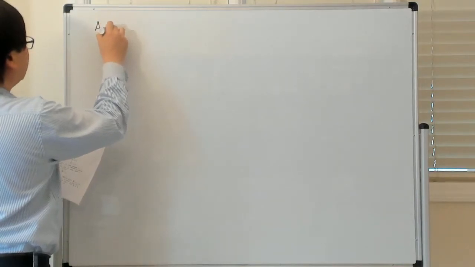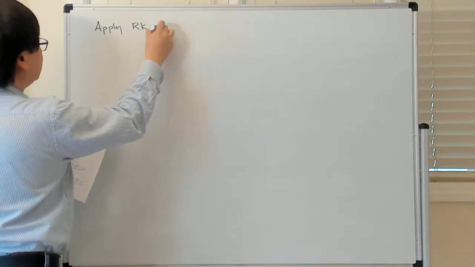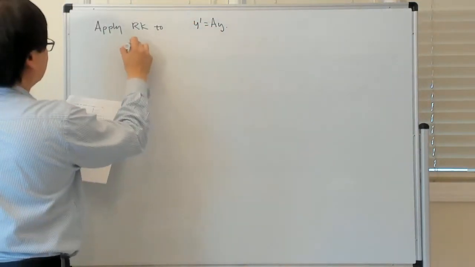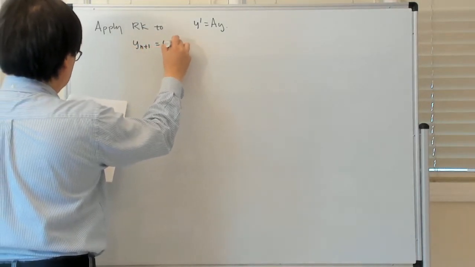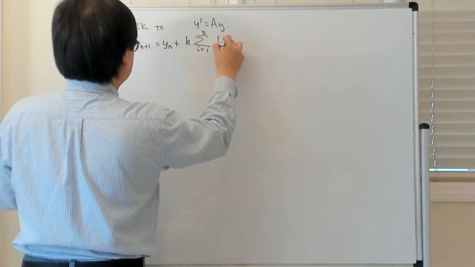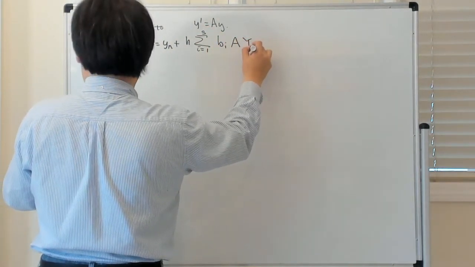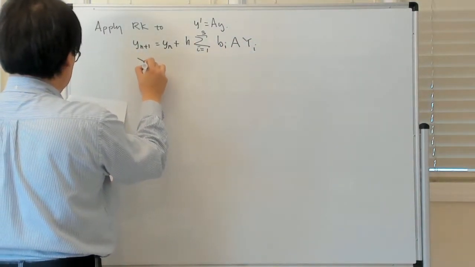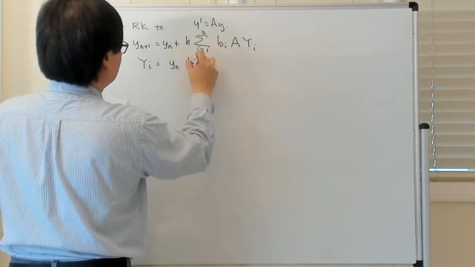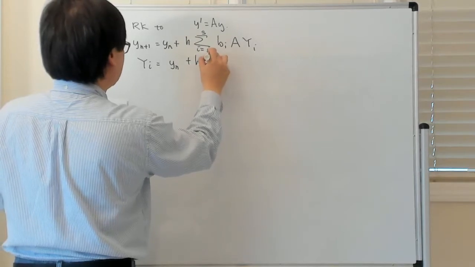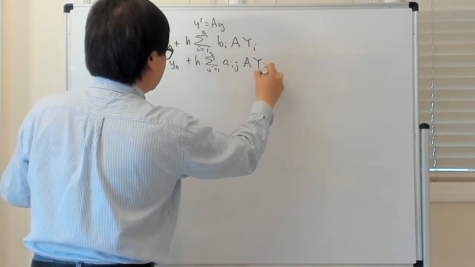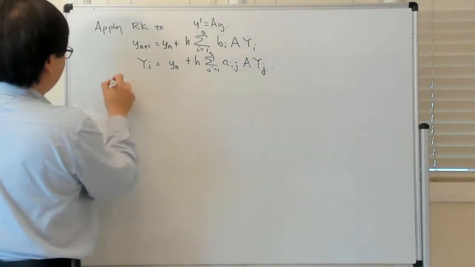So if you apply RK to y prime equals A y, you have y_{n+1} equals y_n plus h times the sum from i equals 1 to s of b_i A Y_i, and then Y_i is equal to y_n plus h times the sum from j equals 1 to s of a_ij A Y_j.